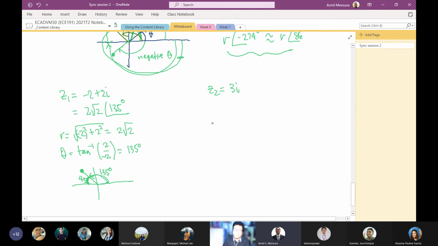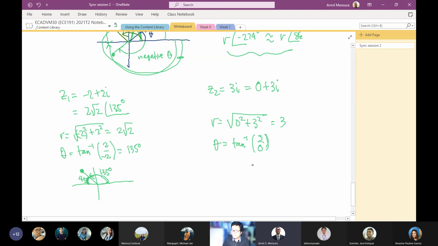How about this one? You have R here as, since this is written as 0 plus 3i, we can have R as the square root of 0 squared plus 3 squared. So basically, that's 3. Okay, and its angle is basically arctangent of 3 over 0.